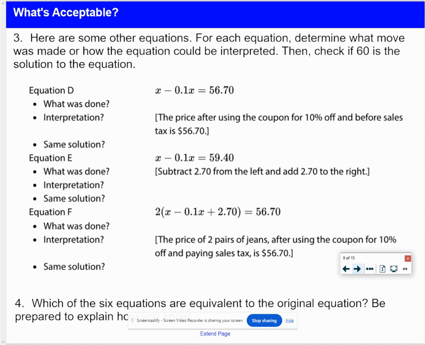What was done in this one for equation D, and in your book you can still see the original equation in there, it looks like they just took the $2.70 off for the tax on the left side, but they did not do that from the right side. So they subtracted $2.70 from left, but not from right.